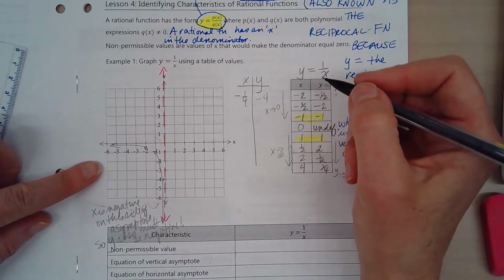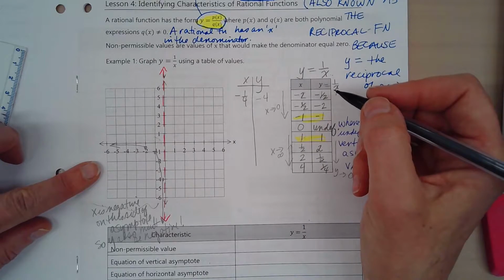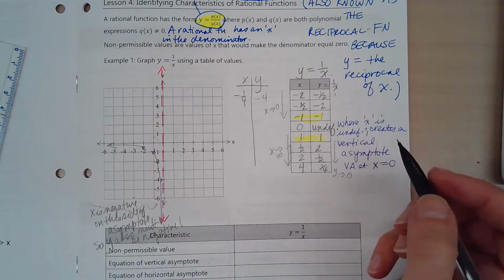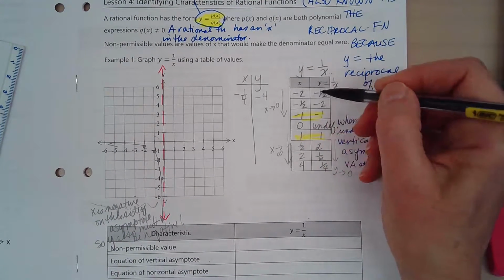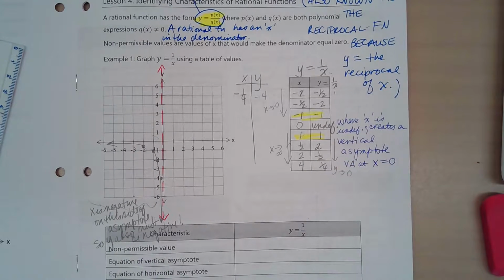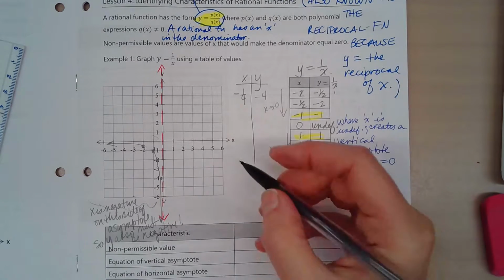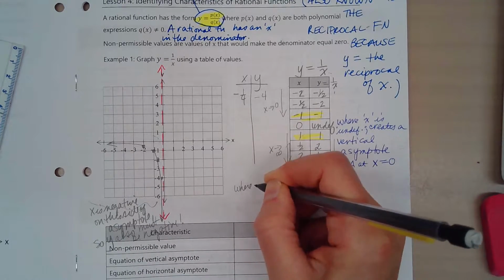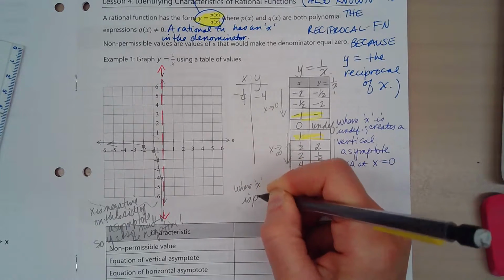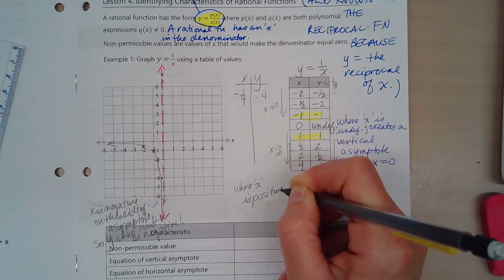Do you agree with that? If x is negative, y has to be negative, right? Just reciprocating a number doesn't change its sign. So remember that. Wherever x is negative, y is negative. Where x is positive, y is positive.